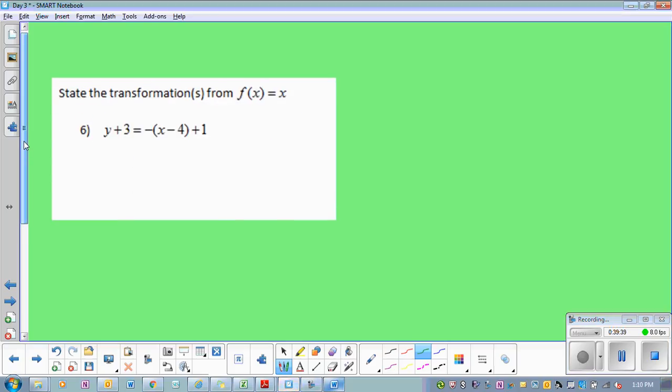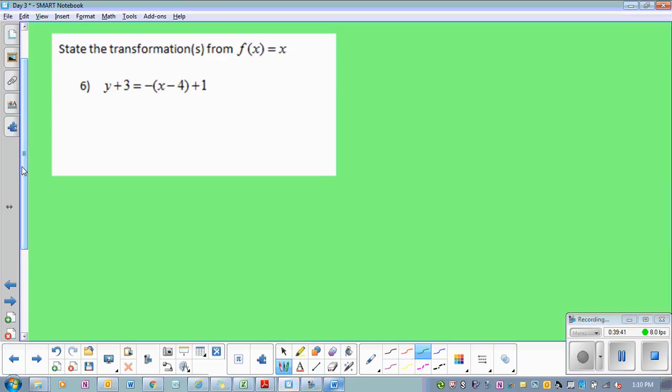All right, so state the transformations from f of x equals x. If I have this, remember what I said? If it's written in point slope form like this, you need to change it to y equals before you can start telling me the transformations. Okay?